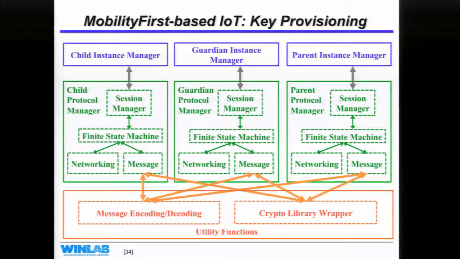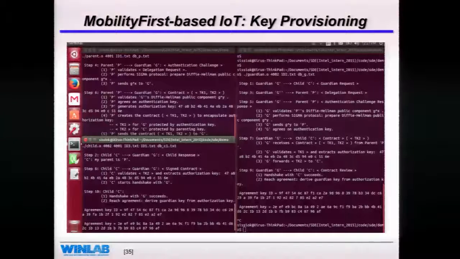We implemented this, and here is the demo output of the prototype. This is the parent, the child, and the guardian. All the message exchange steps and the major operations are printed out.